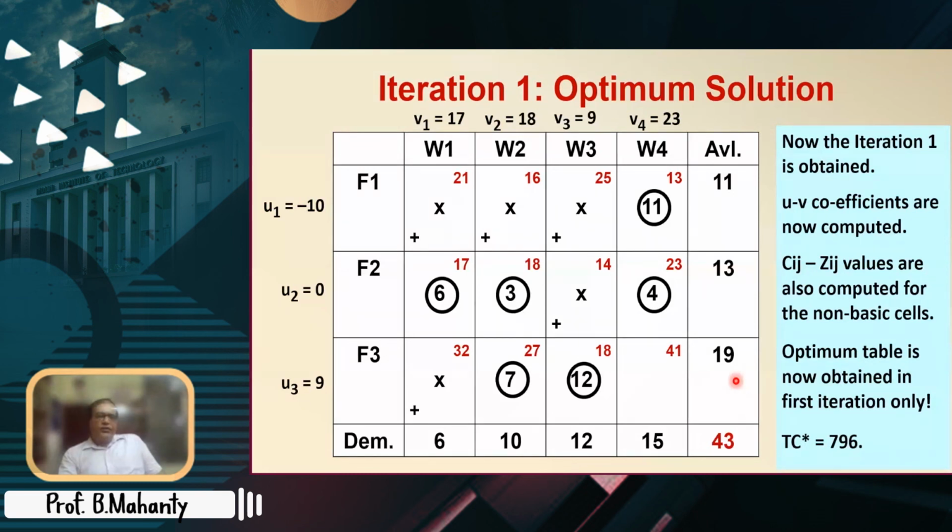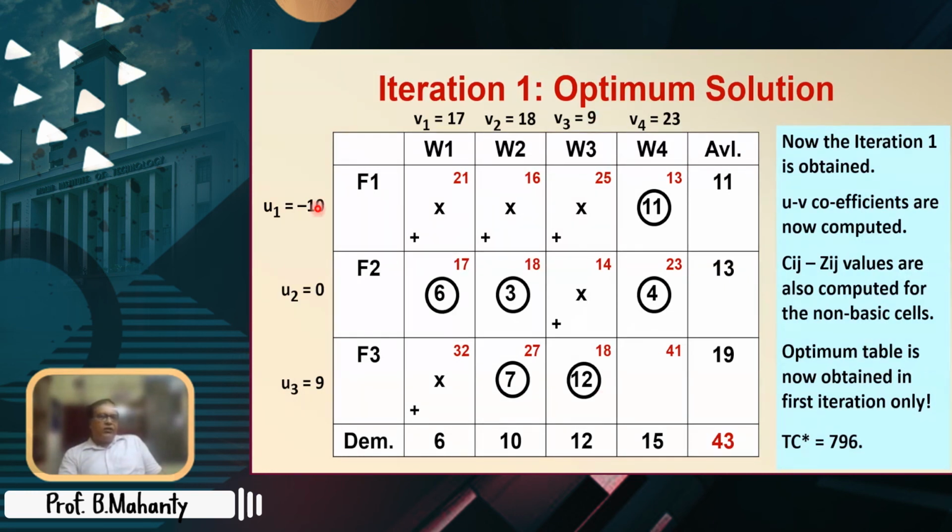So how are the UV coefficients computed? If we put a 0 here, then we get a 17 here, we get an 18 here, we get a 23 here. Because of this 23 and this 13, we get a minus 10 here, and because of these 18 we get a 9 here, and because of these 9 we get a 9 here.